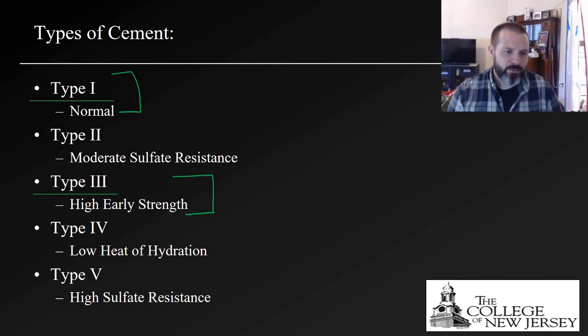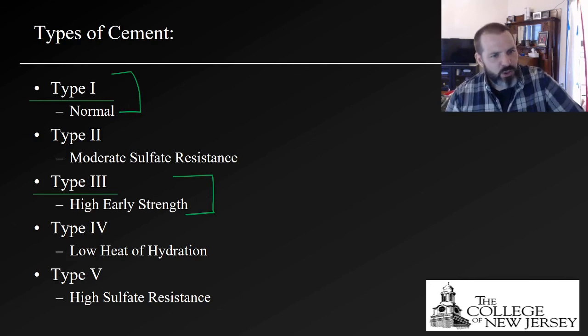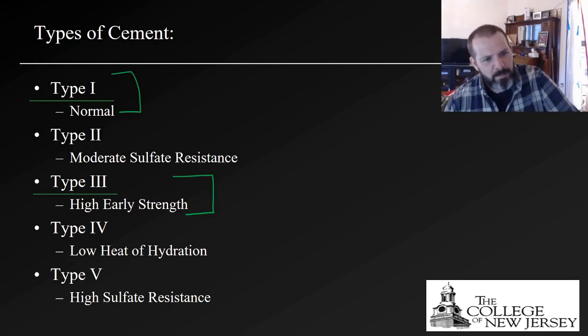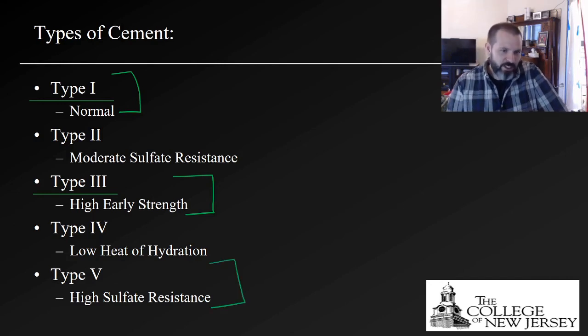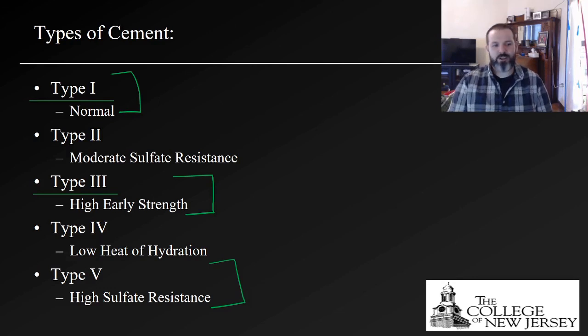Type 2 and type 5 give you resistance to sulfate, which would generally eat up concrete. So type 2 and type 5 you use when you're putting concrete in an aggressive environment. Type 5 is probably used more than type 2 because you just obviously get higher sulfate resistance. So if we're going to deal with it, you're going to use the high sulfate resistance.